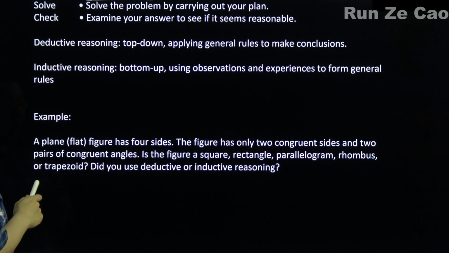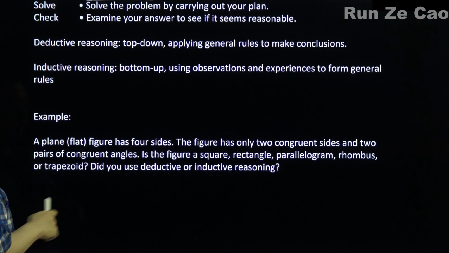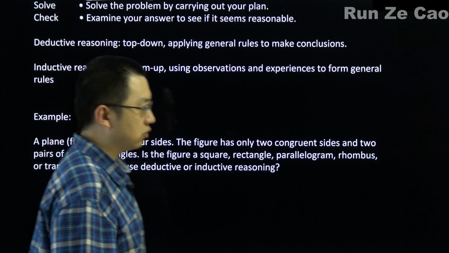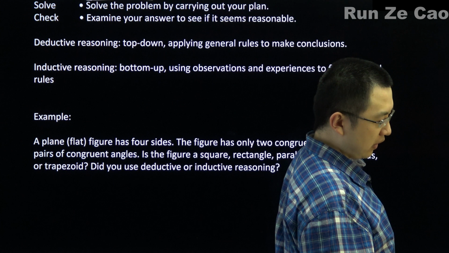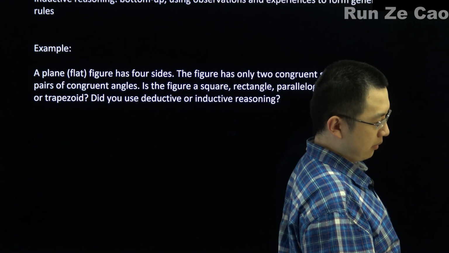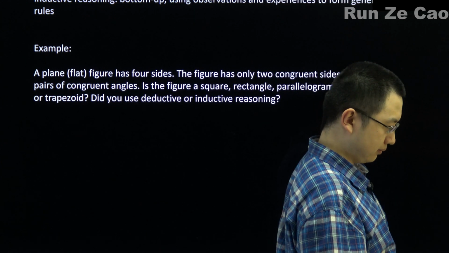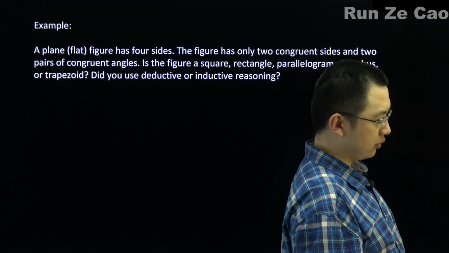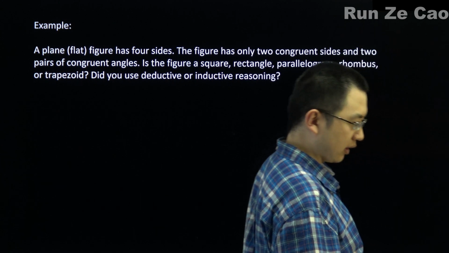Let's say we have a flat figure. It has 4 sides. It has only 2 congruent sides and 2 pairs of congruent angles. Is the figure a square, rectangle, parallelogram, rhombus, or trapezoid? Did you use deductive or inductive reasoning?